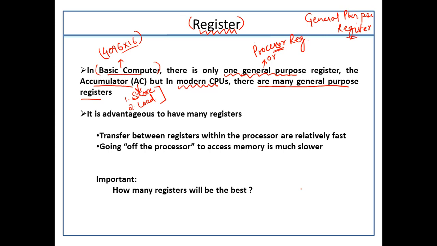So if the throughput has to be enhanced, then definitely I need to add a number of processor registers within the CPU. This is what modern machines are equipped with, depending upon the type of processor we are using and the manufacturer we are working with. Each and every CPU will have its own number of general purpose registers available.